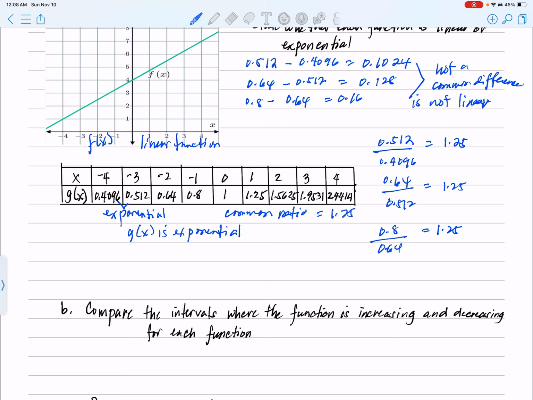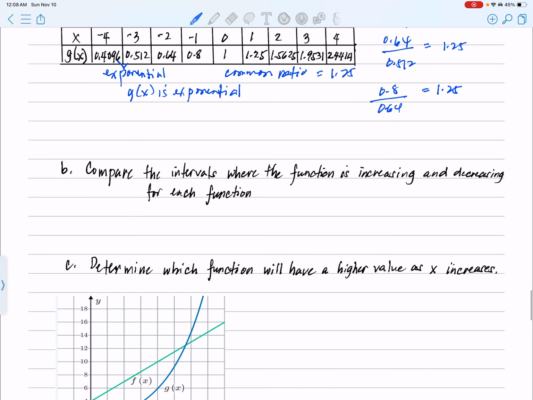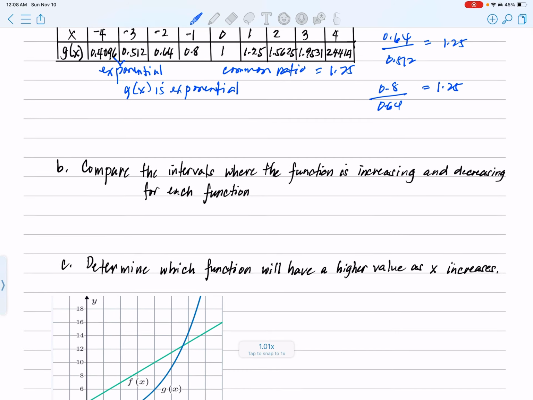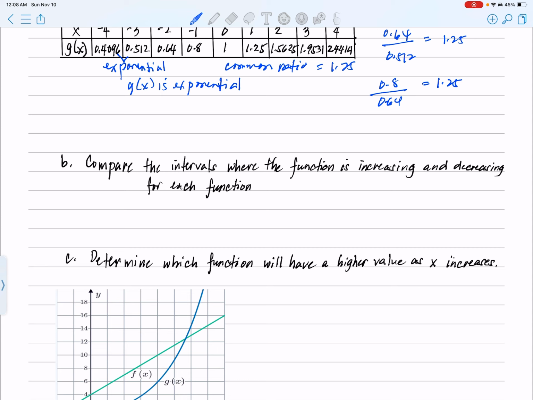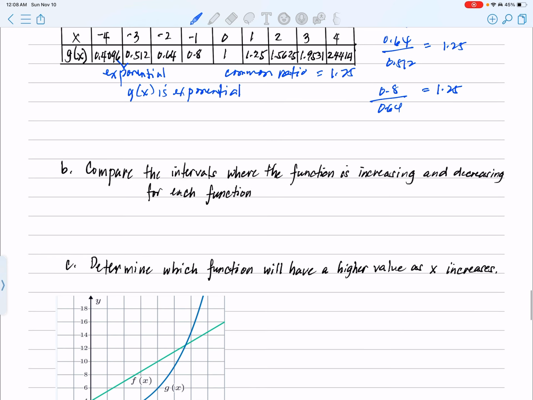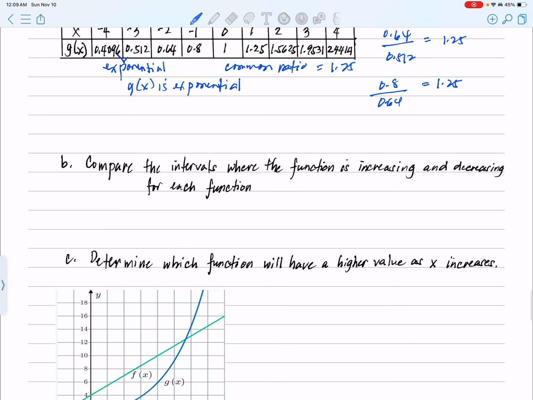As f of x increases by a constant amount, it is linear; if it increases by a constant ratio, it is exponential. So compare the intervals where the function is increasing or decreasing. Since f of x is linear, we know it only increases or decreases over its domain. So we can determine whether f of x is increasing or decreasing by looking at the graph.